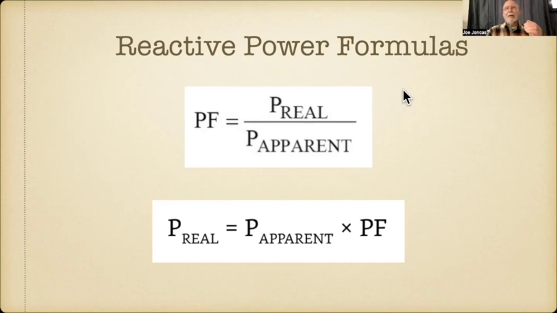The apparent power is 100 watts and the power factor is 80%, then the real power being used is 80 watts. Oh, and that's this formula down here. I'm getting ahead of myself. Any questions?